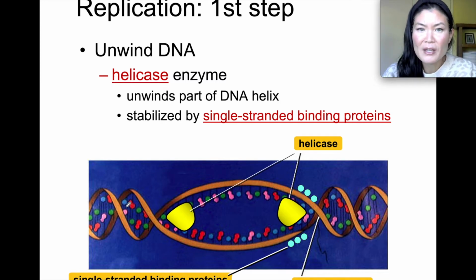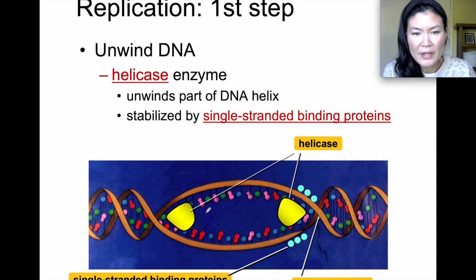The first step is helicase. Helicase binds to the DNA helix. That's the first step. It's going to bind to the DNA helix and unwind that part of the DNA helix, okay? So you can see helicase here. It is unzipping the DNA in this direction and then unzipping it in this direction.